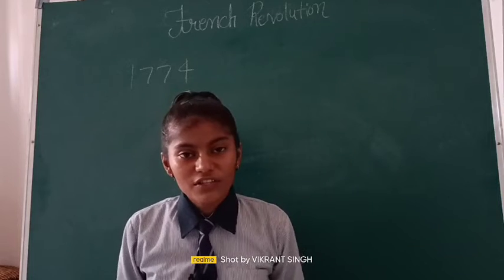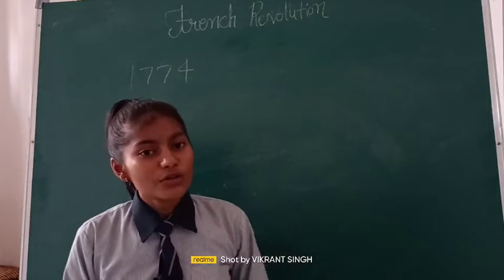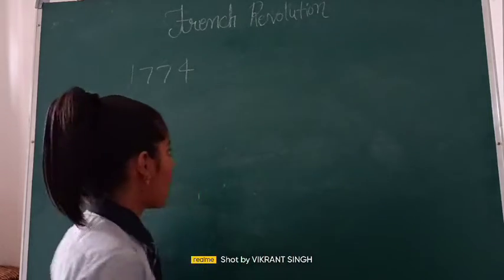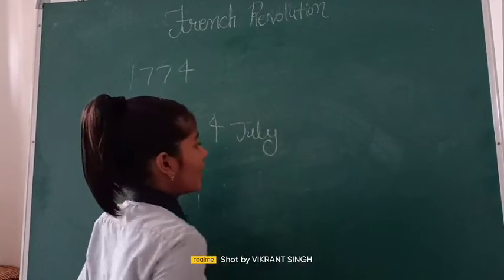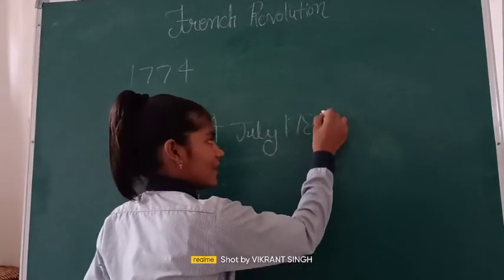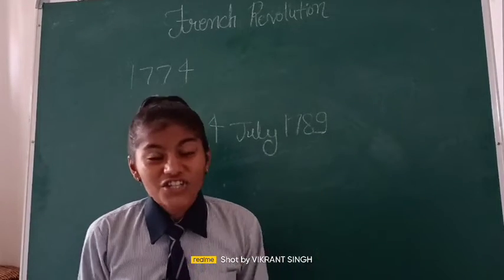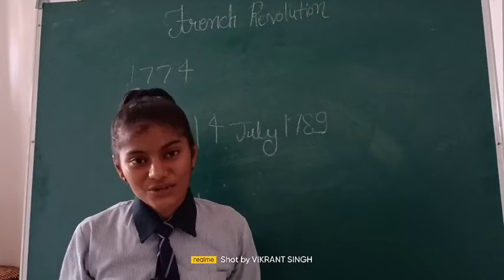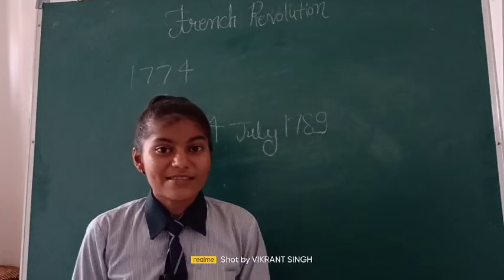They will not give us equal rights and they will not give women equal rights. So on 14th July, in the morning of 1789, the same year, they stormed, rushed in and destroyed the royal prison, which is the Bastille.